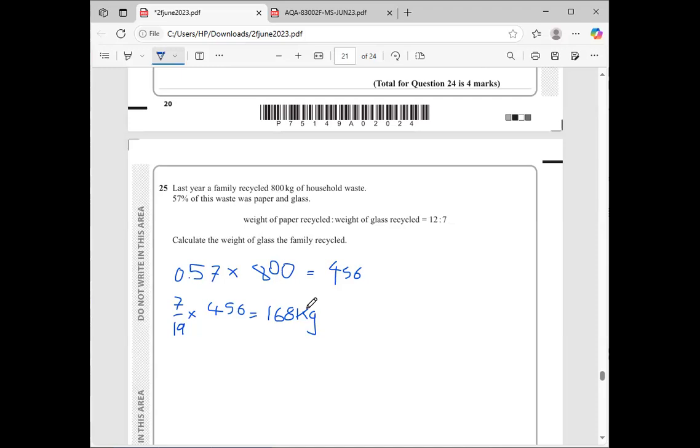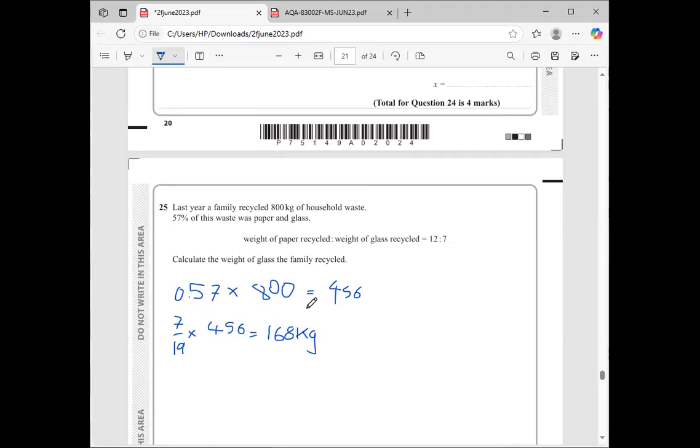So this is the weight of glass that was recycled by the family. So you got any question for this? No. Okay, so I think we can move on.